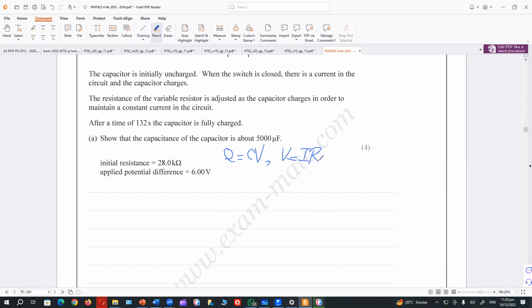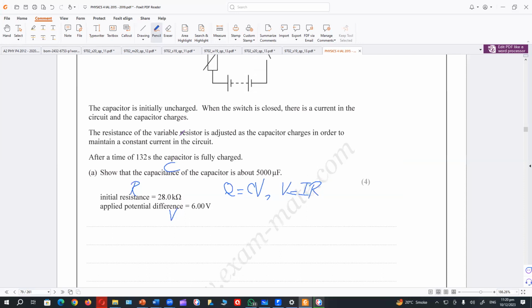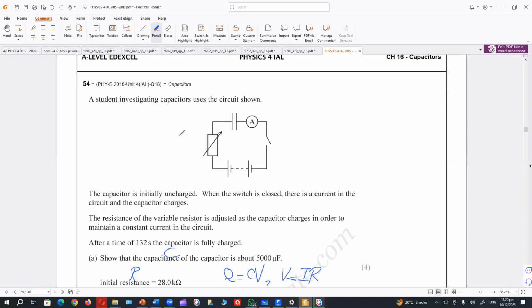Look at the screen. Q is equal to CV is equal to IR. So we need to find current. The problem is C. We have voltage, we have charge too. Do I have the current? No.